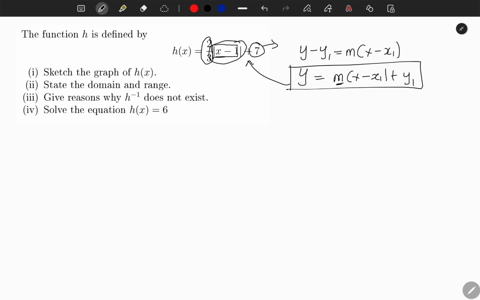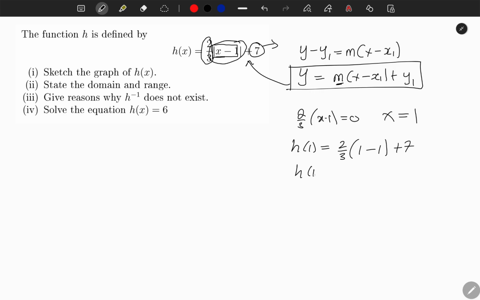So set this equal to 0. In fact, if you want, you can set everything there equal to 0. So you just say x minus 1 equal to 0, and you're getting x equal to 1. Now that we get x equal to 1, what is the corresponding value of h or y? So you go back and say h of 1 is 2/3 times the absolute value of 1 minus 1, plus 7.